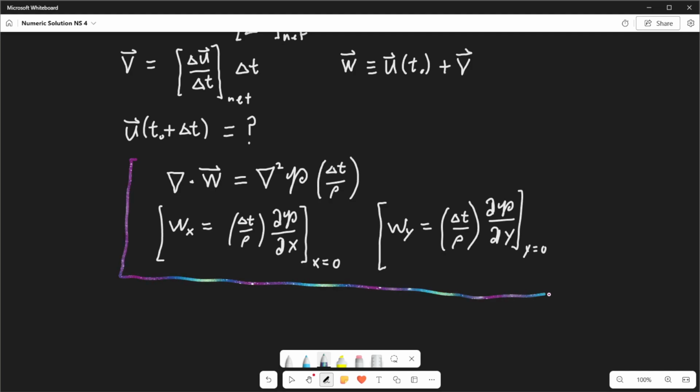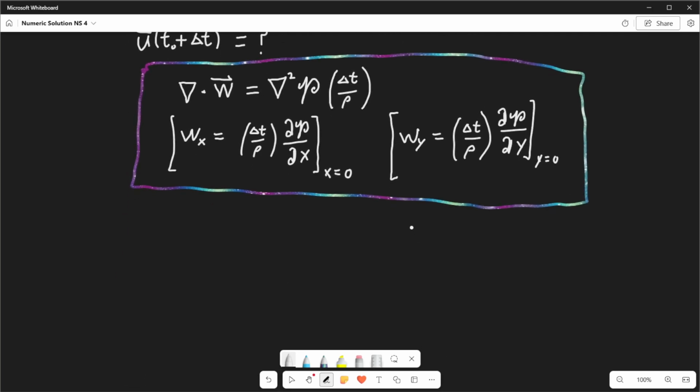So these equations can be used to find the gradient of P.